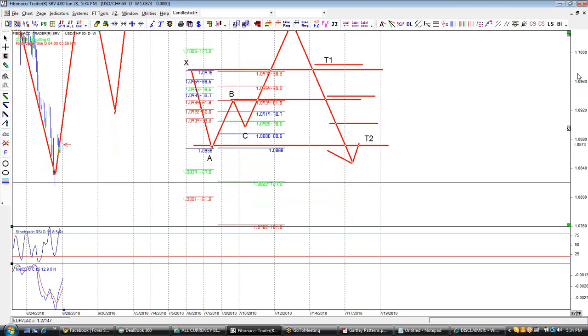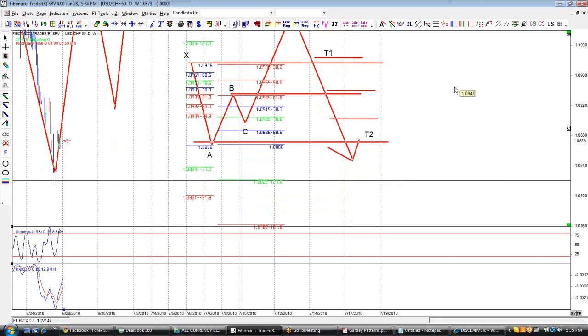Then my furthest target will be here, the 127 extension of the XA swing. Now, this level will still, even though price broke the X, went up all crazy, this level will still hold support.